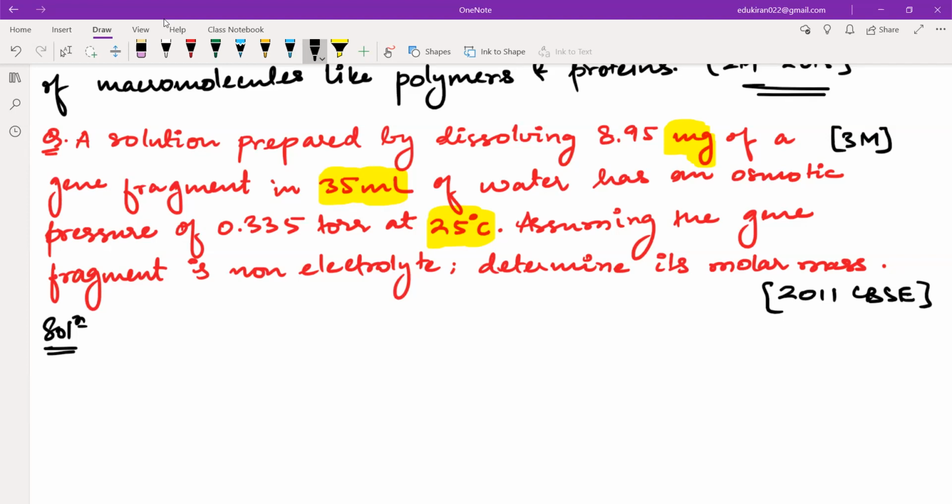So the R value we have to take is 0.0821. No one will tell you the value of R, so what should you take? It is liter atmosphere, so I think 0.0821.